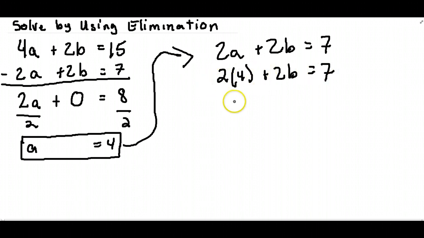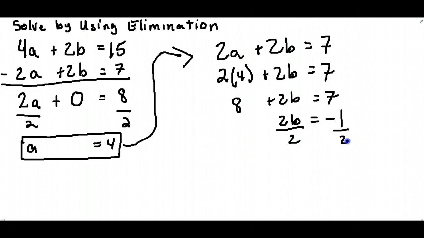Simplify the 2 times 4, so we have 8 plus 2b equals 7. Now we subtract the 8 from each side. We get 2b equals 7 minus 8, or negative 1. Divide each side by 2. On the left, we're left with just b equals negative 1/2.